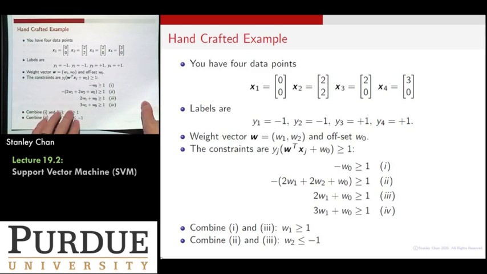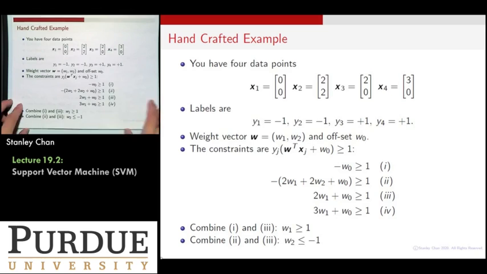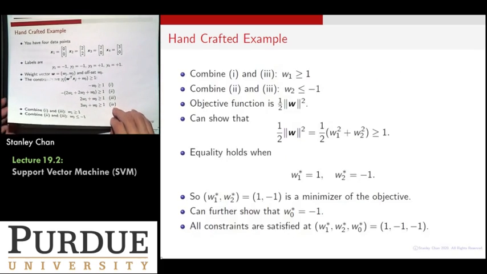Of course, you can draw out the set of constraints. That will be a very interesting exercise. But you can also do some algebra by combining different pairs of equations, and you find that W1 has to be bigger than 1 and W2 has to be less than -1. So these 2 criteria come from these 4 equations.